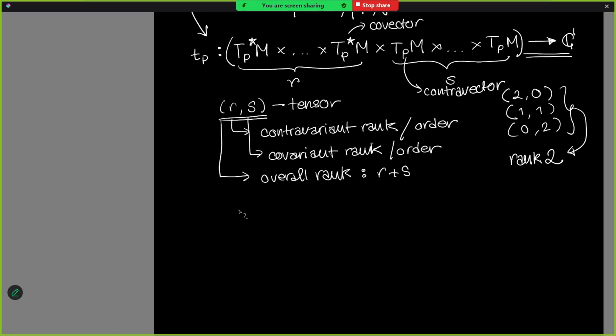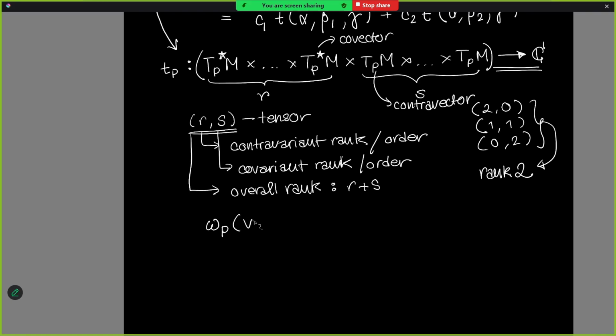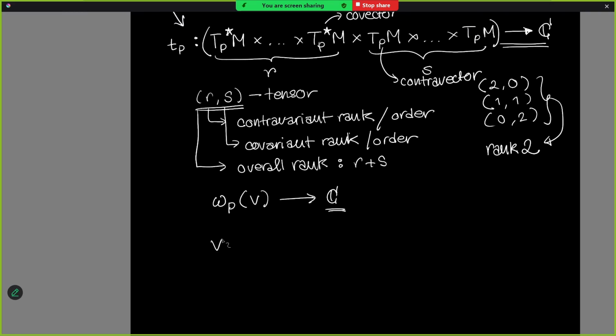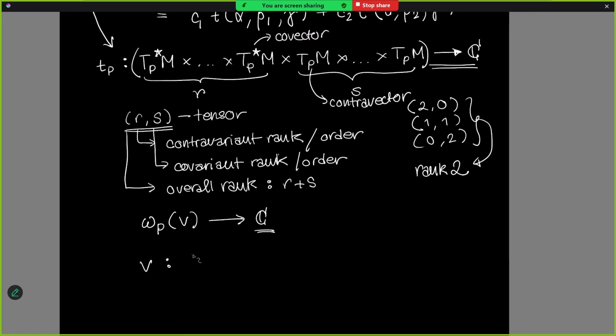But we know that, let's say we have a covector omega_p, then it's a map that takes a vector and spits out a scalar, right? In this case, a complex scalar. So, but can we really think of a vector as a function? This is, by the way, what we mean when we say it eats a vector. A covector eats a vector.